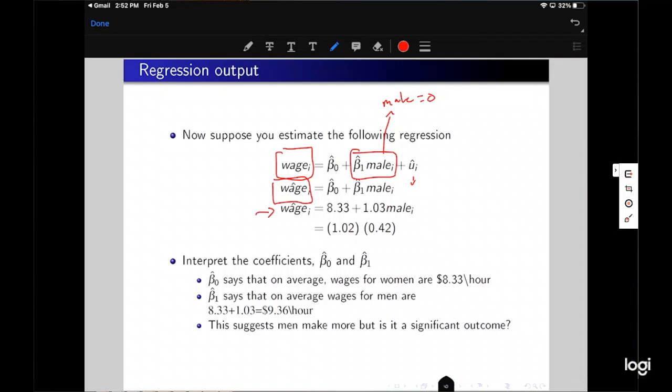Beta hat 1, on the other hand, says that on average wages for men are, well actually this would be beta hat 0 plus beta hat 1, says that on average wages for men are 8.33 plus 1.03, or $9.36 per hour. This suggests that men make $1.03 more per hour on average than women, but is it significant? Is this just random noise in our data, or is this a significant effect?